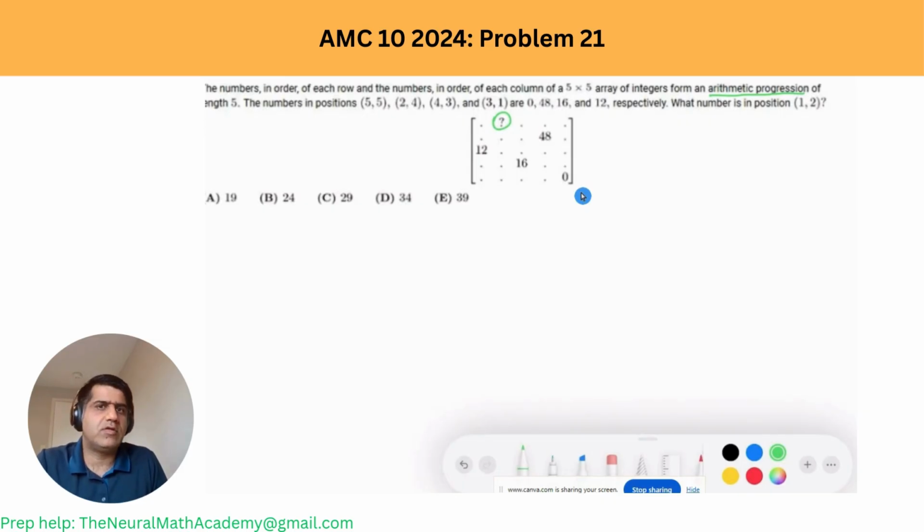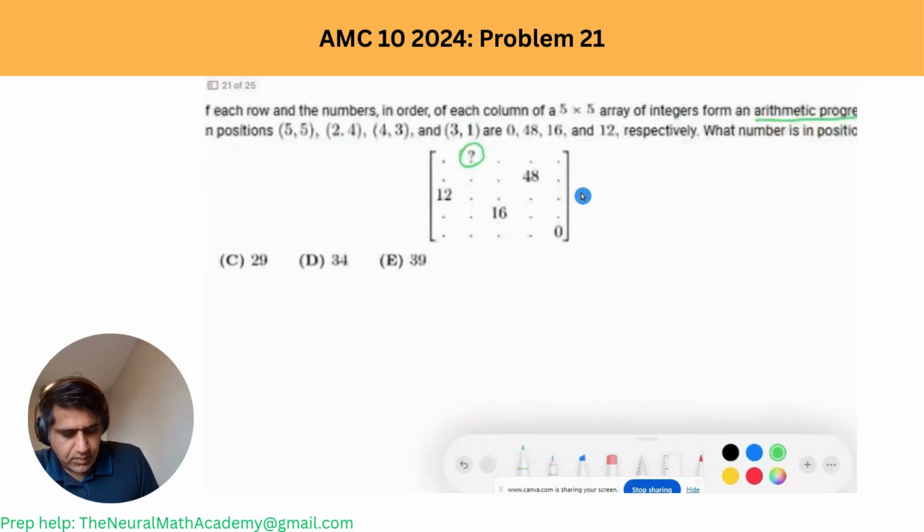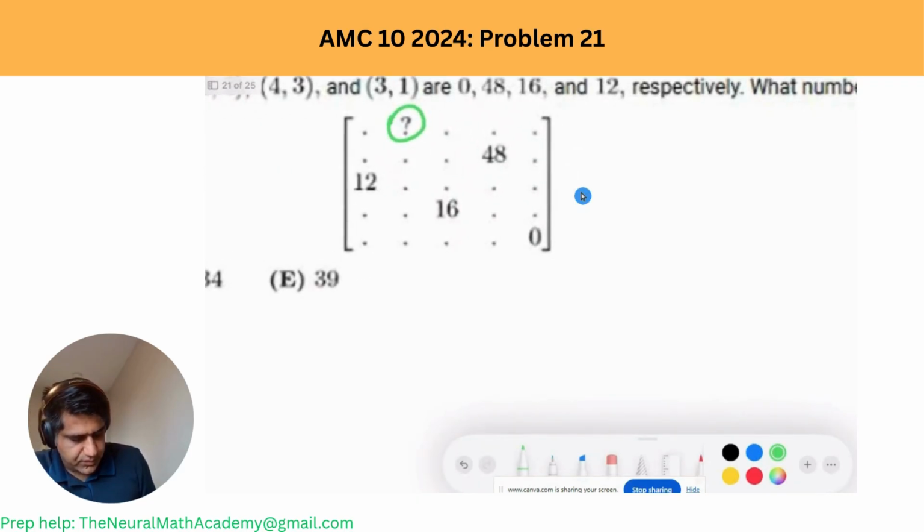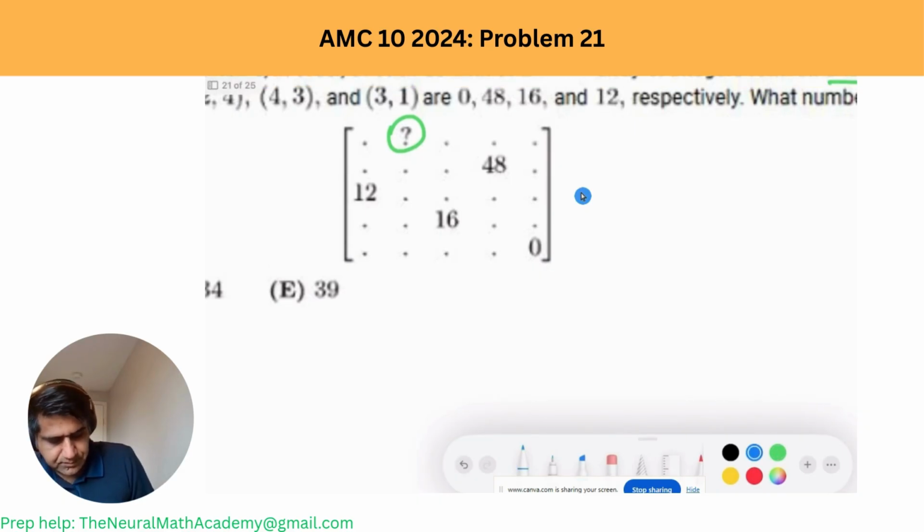And as we know, in arithmetic progressions or sequences, the difference is constant, right? So to solve this problem, we can start from this lower right corner. As we know, we have a 0 here, so I can call the next term, let's say x.